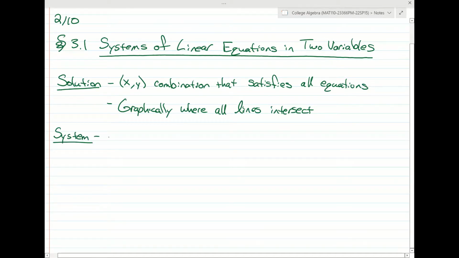We're going to be using the word system today. System just means a group of two or more equations.